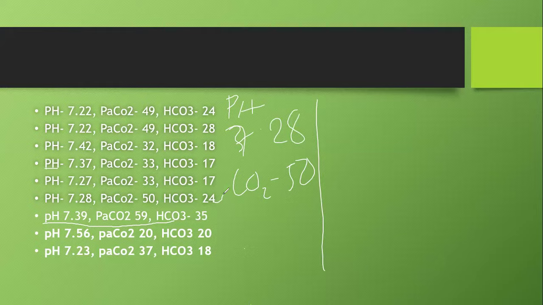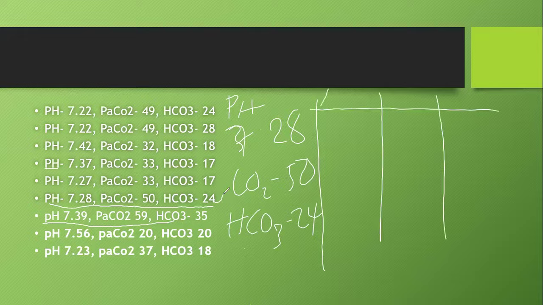This is the question I'm using. Carbon dioxide 50. Bicarbonate, HCO3, is 24. So now let's use our tic-tac-toe here.